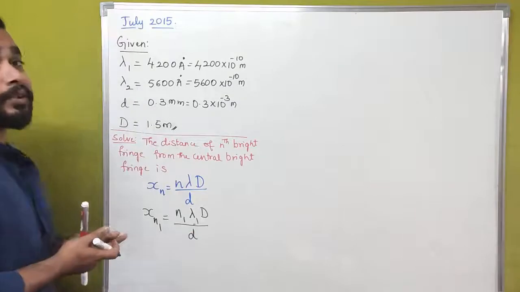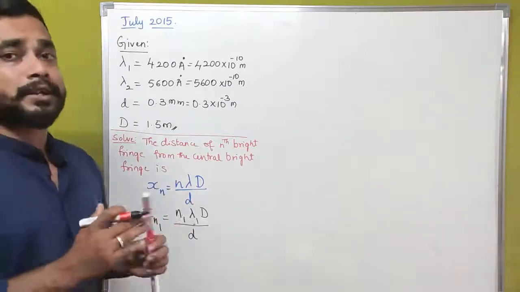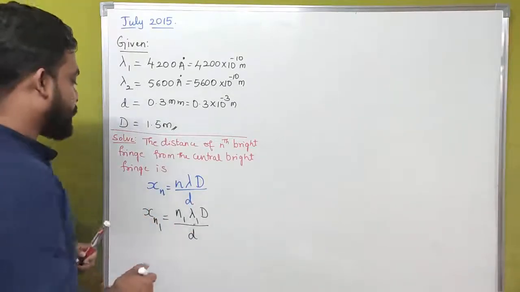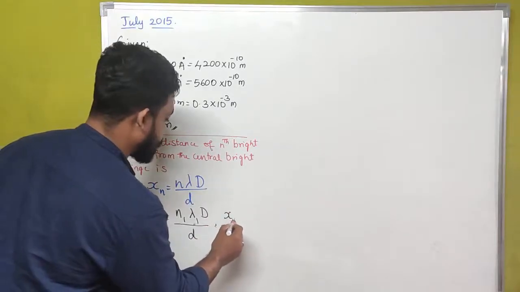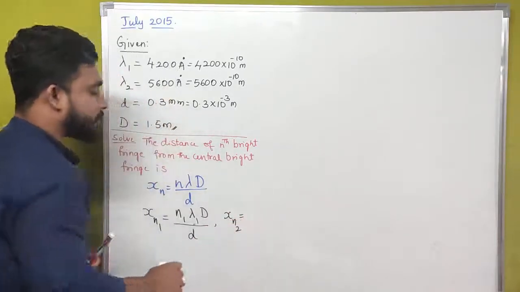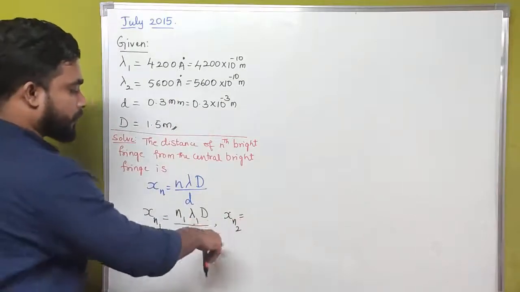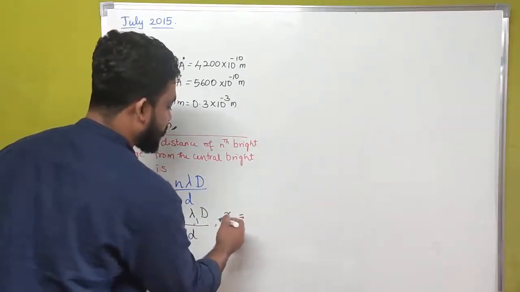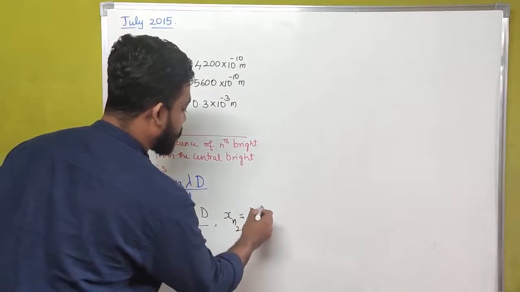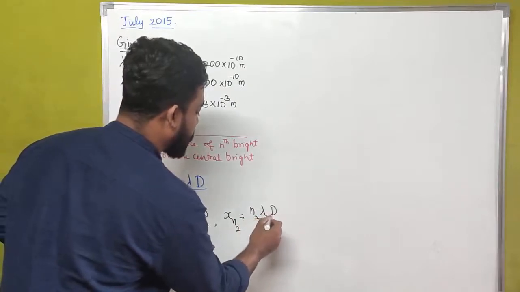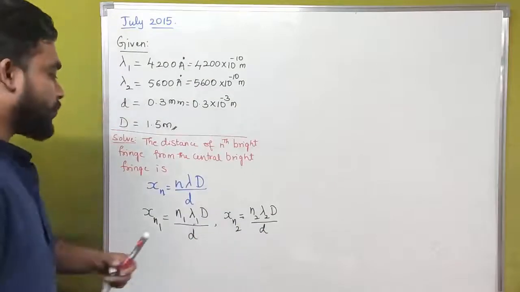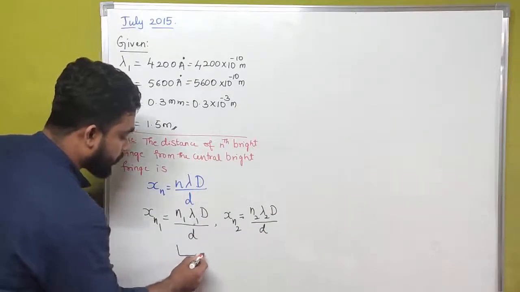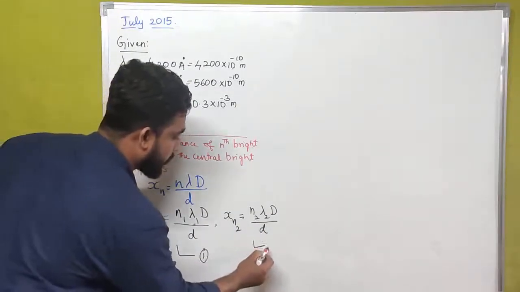Because the distance between the slits and the screen will be the same, only the wavelength changes. The position of the second bright fringe is xn2, that is n2 into lambda 2 capital D divided by small d. This is how we obtain our expressions for the nth bright fringe.